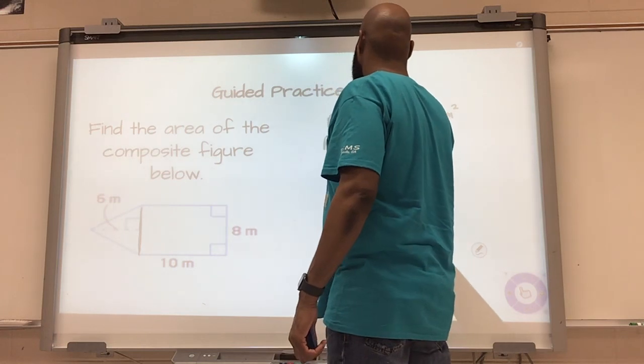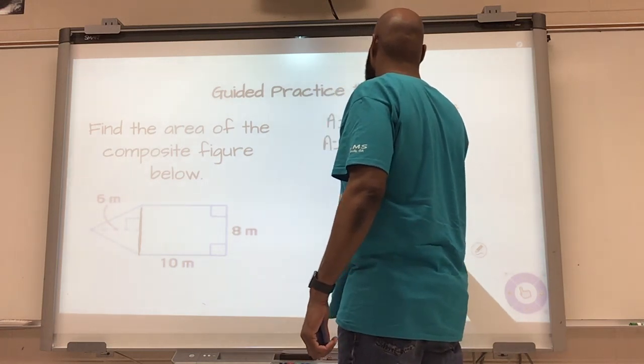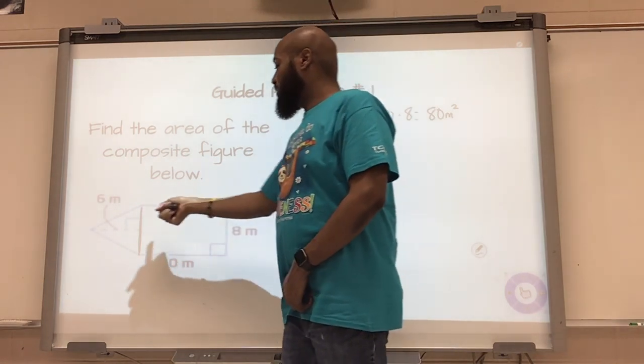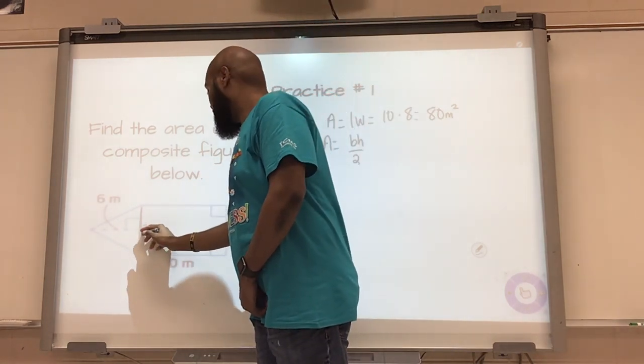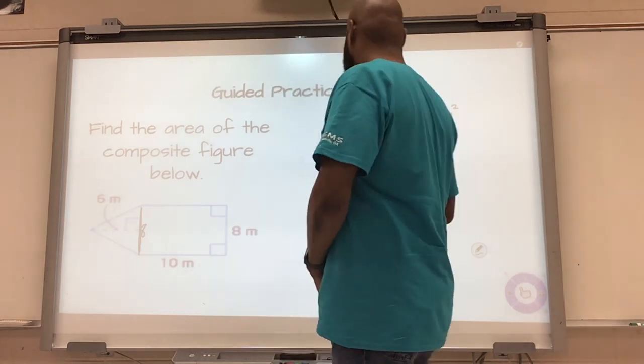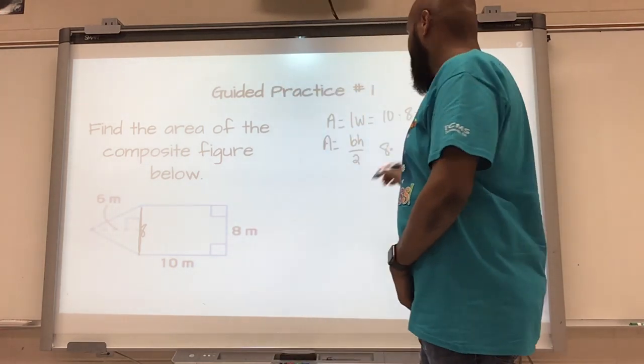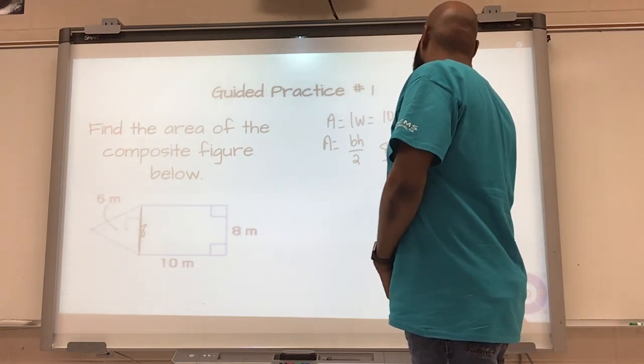To find the area of the triangle, we're going to take the base times height divided by 2. So our base, if this is 8, this side is going to be 8. So our base is 8. Our height is 6. And we divide that by 2.